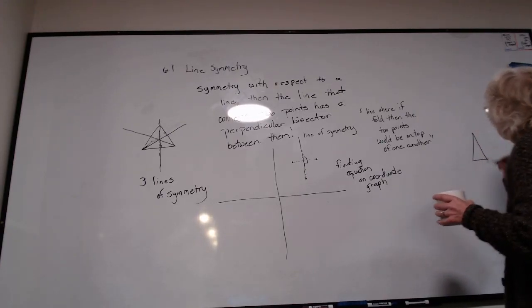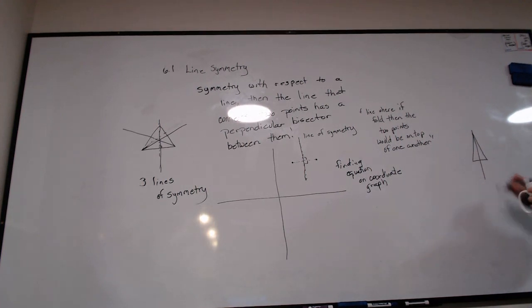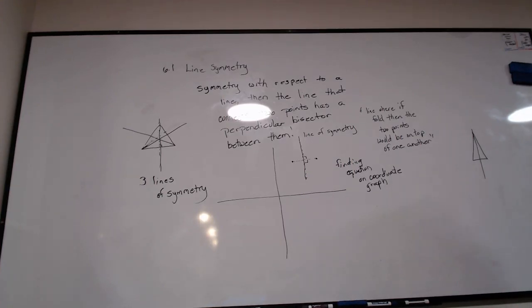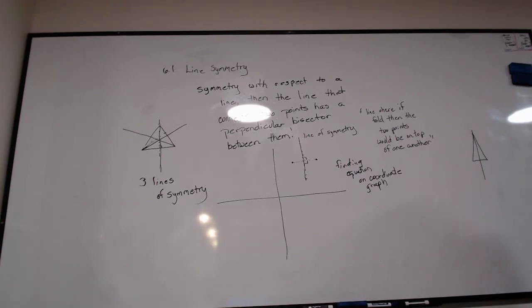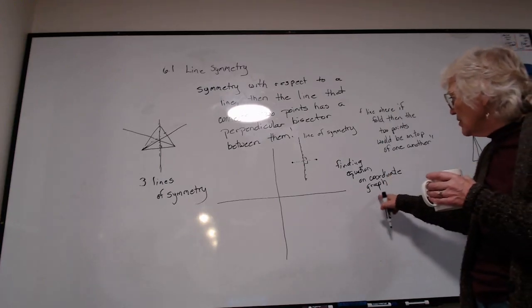There's my isosceles. How many lines of symmetry does that one have? 1. Yeah, I saw your one. Yes, the only line of symmetry it has is down that way. So basically, the only time it will have 3 is when all the angles are 60 degrees. Yes, basically that's true.